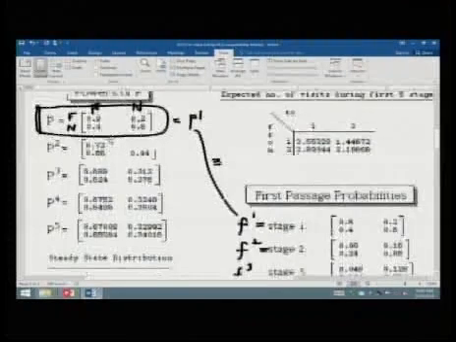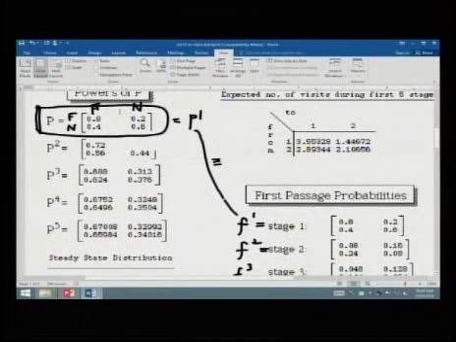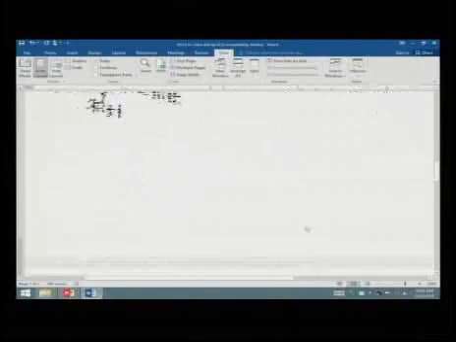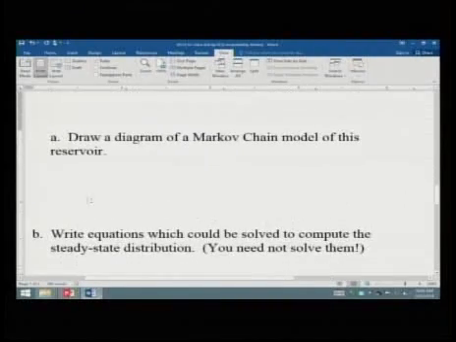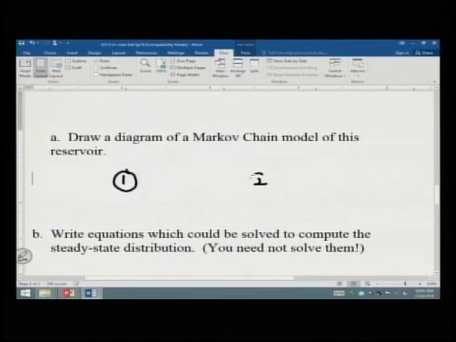We just need to use the one-step transition probability matrix or one-step first passage probability matrix. So let's say this is 1 and then 2, like this. This is full and not full, right?